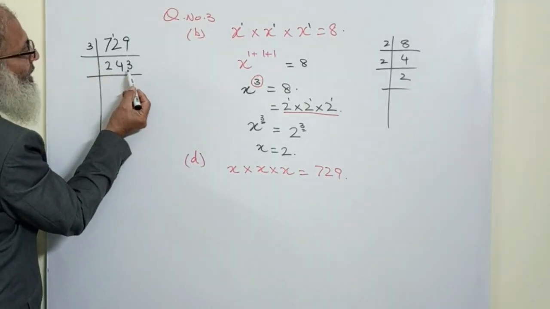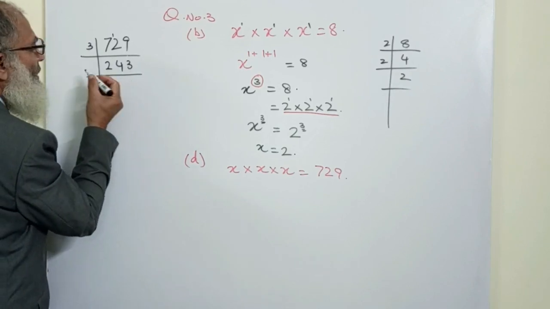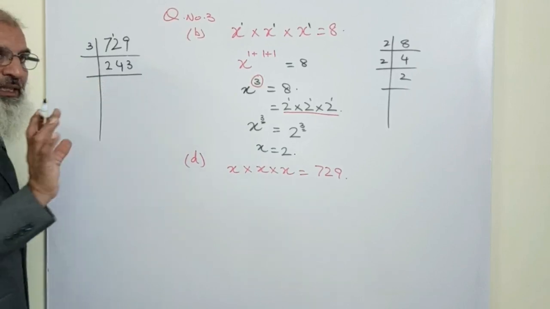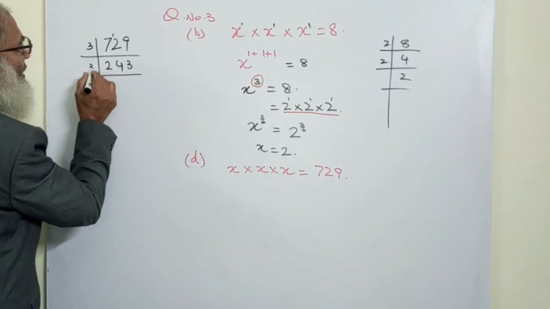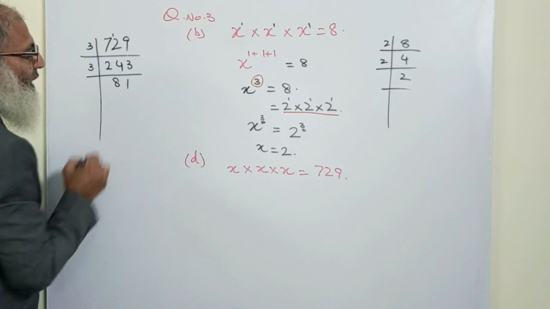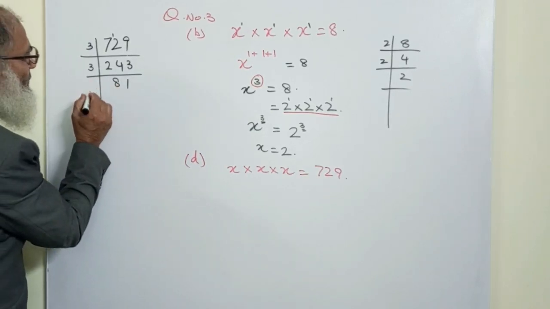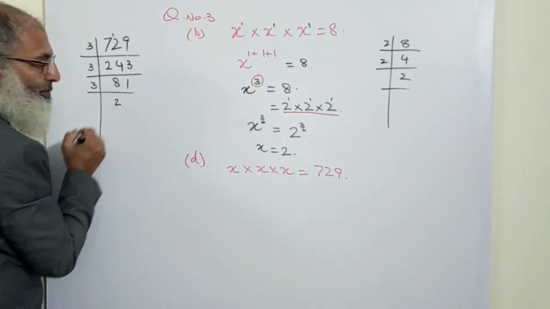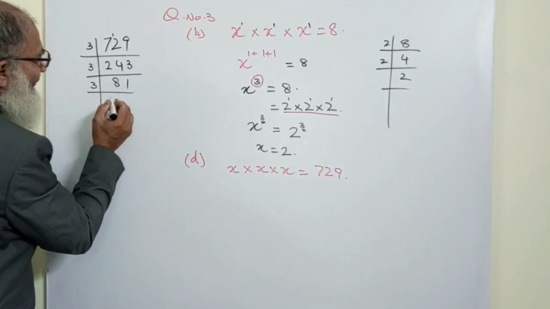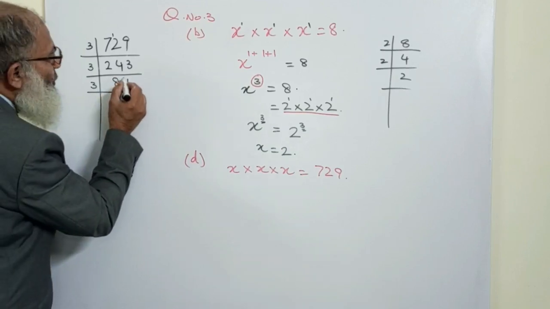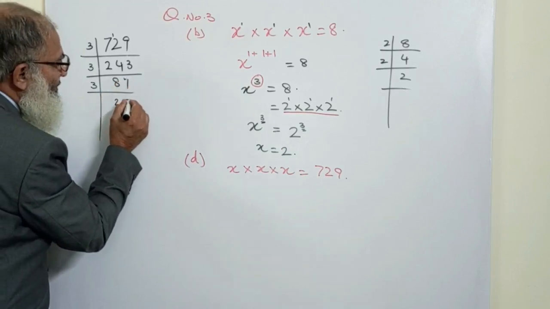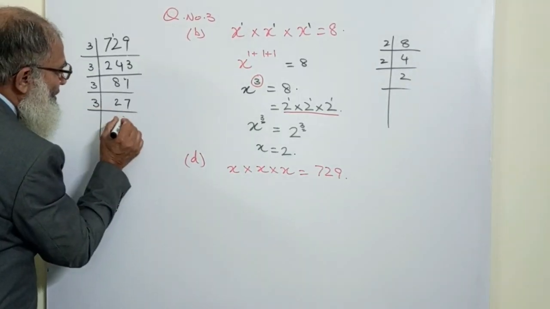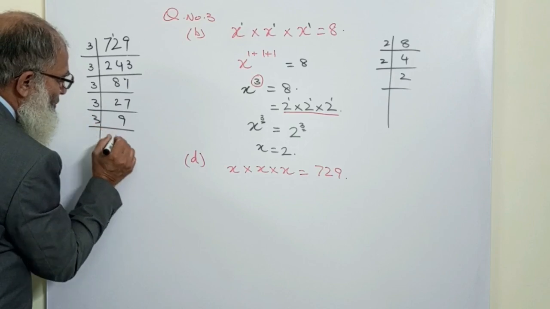Again you see here's an odd number, 2 4 6 9, that means it is again divisible by 3. 3 times 8 is 24 and 1, again it is divisible by 3. 3 times 6, and 2 come out of here, and 7 times 3 is 9, and 3 three times.